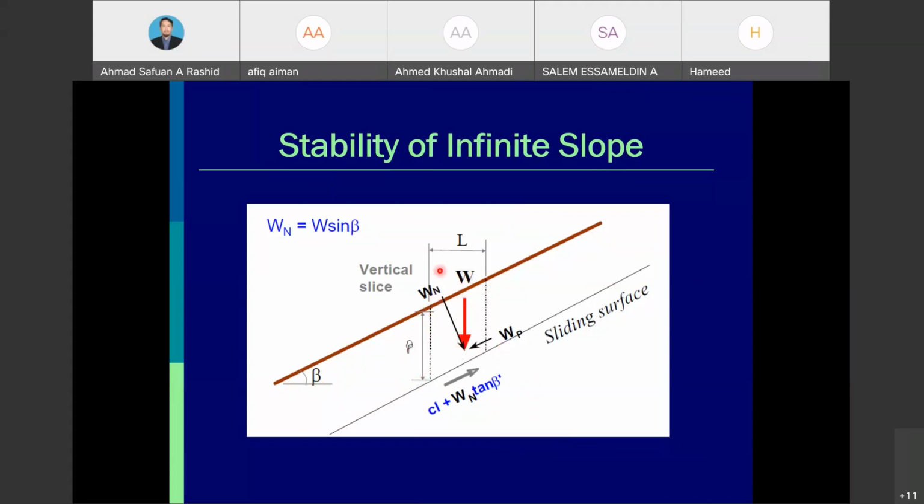So we may analyze only one length, because we want to derive the equations.